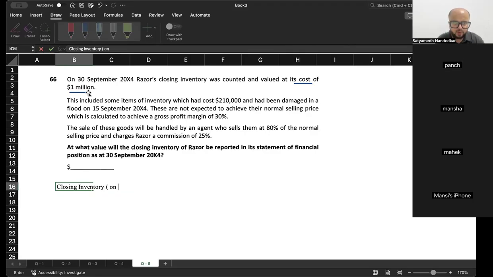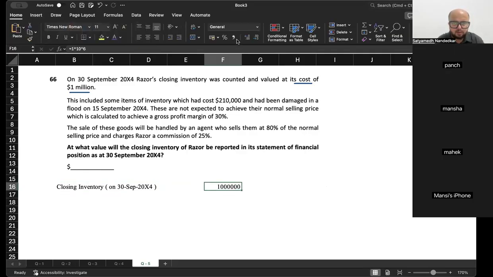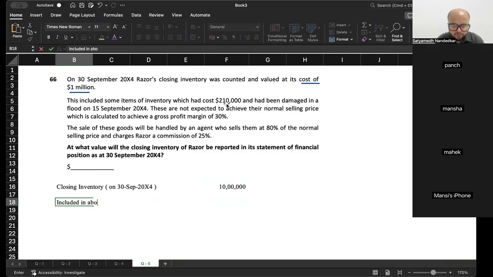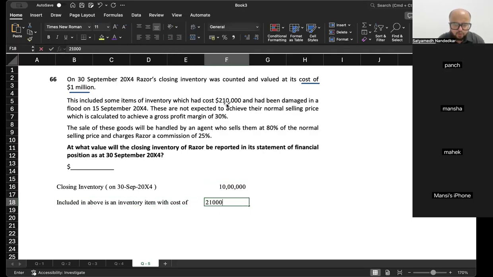So, closing inventory on 30th September 2004. How much is that? That is 1 million. Now they have written this included some item of inventory which had cost 2,10,000. Included in above is an inventory item with cost of 2,10,000.